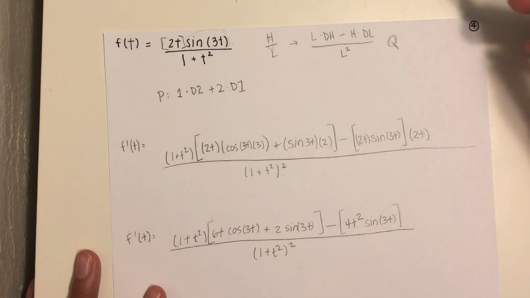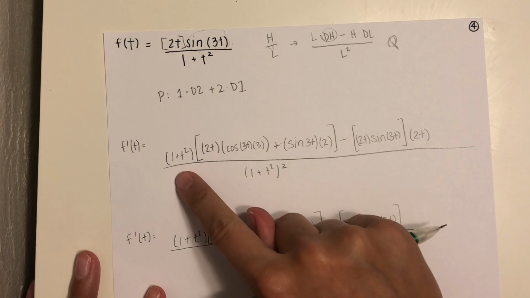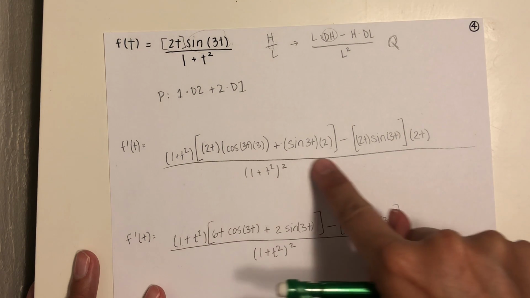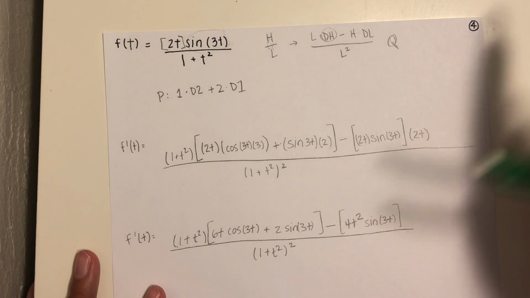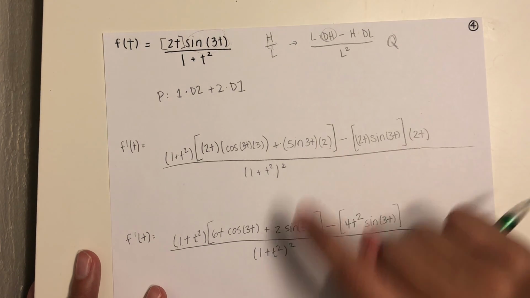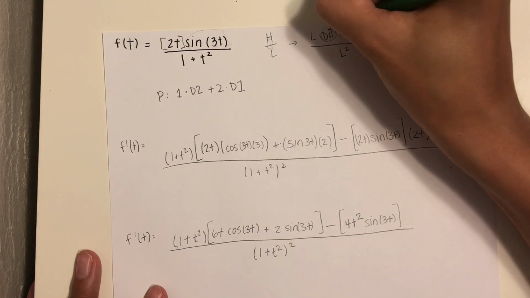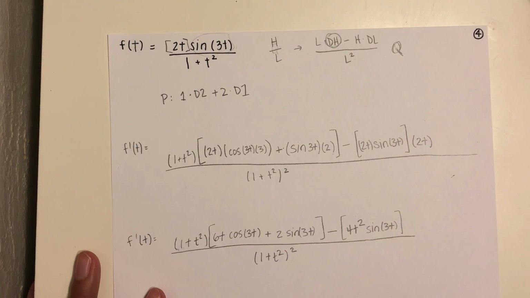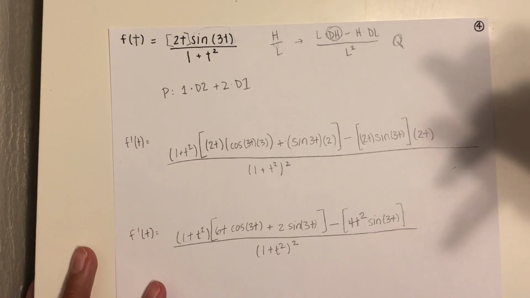We ended up plugging the power rule in right here. So that was the low. This whole piece was d high minus high d low. There's always usually going to be one piece that's a little bit more painful than the rest of it. In this case, it was d high for us. And that's usually the one where two rules are right next to each other and normally the chain rule is involved.